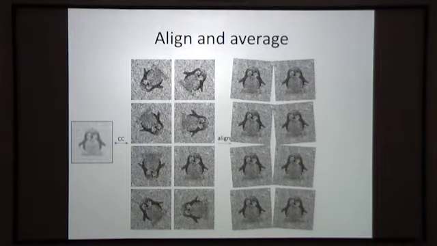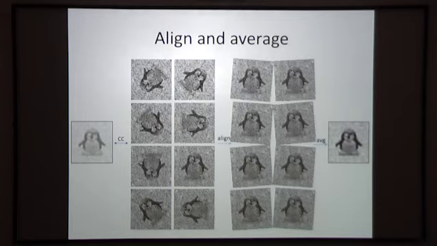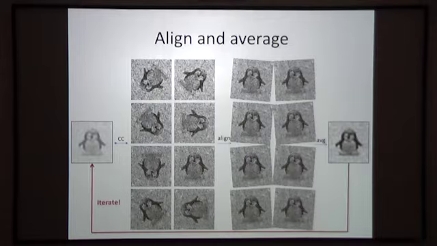Again, there are the same type of errors that I mentioned earlier with the three-dimensional reconstruction, because the estimate that we have of the penguin is not perfect. So again, we have a non-random type of error in the orientations, which will to some extent make this bad penguin come up, but also will have some of the true signal averaging out. So this one will be better than that one, and we can again do the exact same iteration that we did before. This is the exact same algorithm.